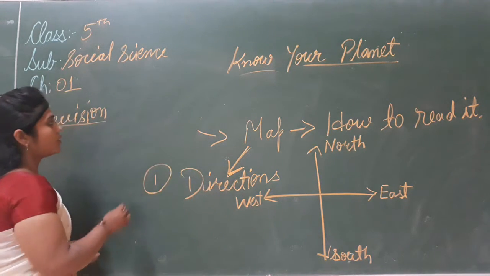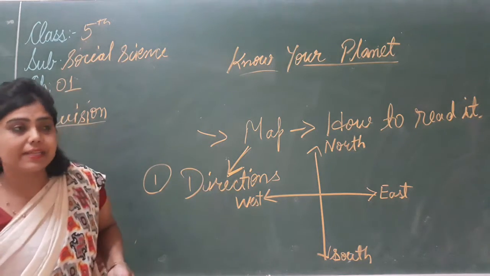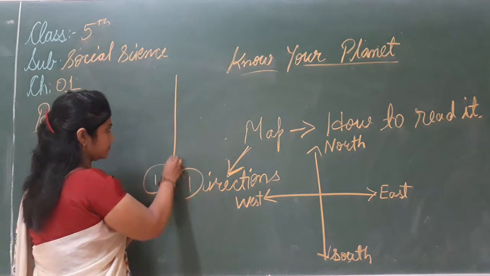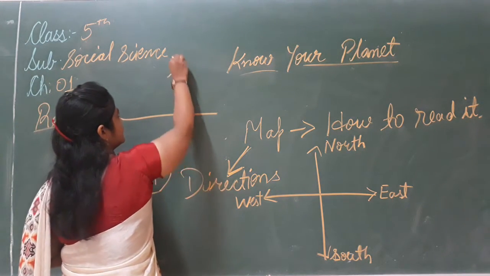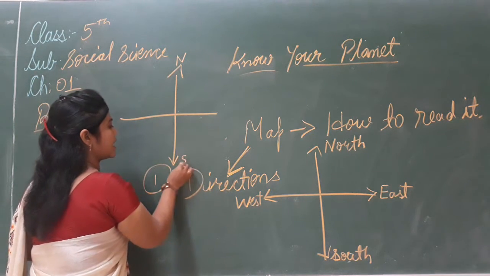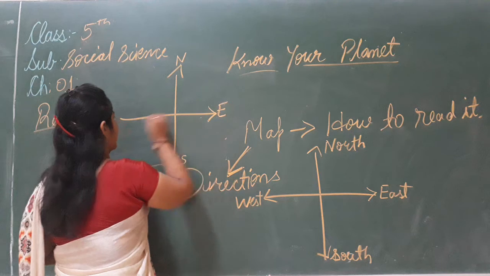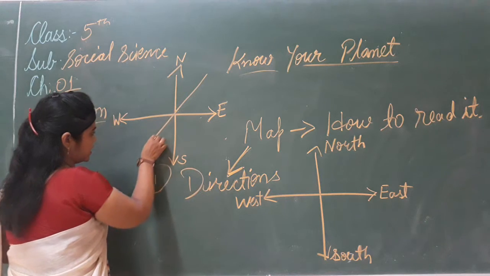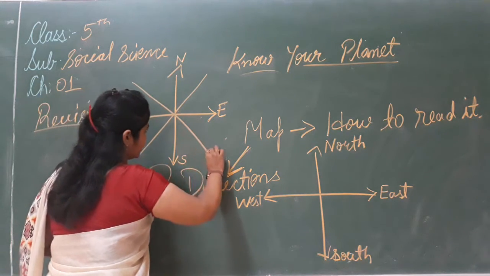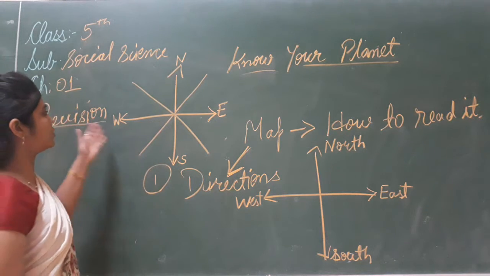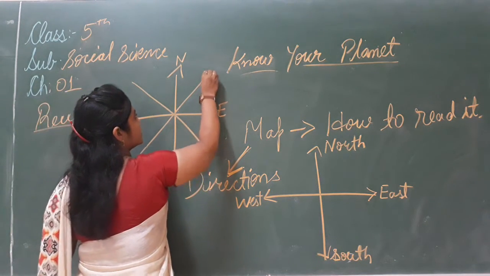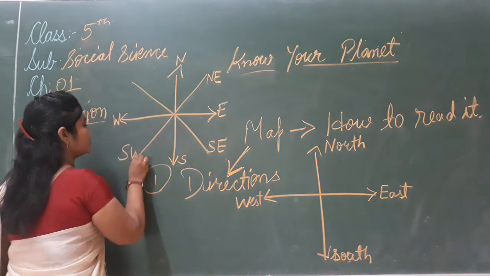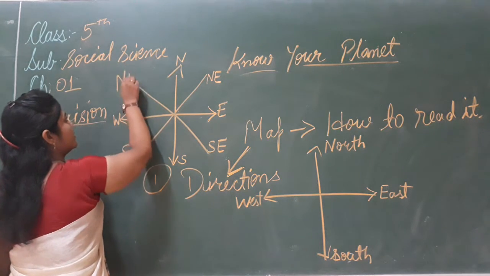Now here are some more directions that are called the intermediate directions. This is the north and this is the south, this is east and this is west. These are the cardinal directions, north, east, south, west, and these are the intermediate directions: northeast, southeast, southwest and northwest.